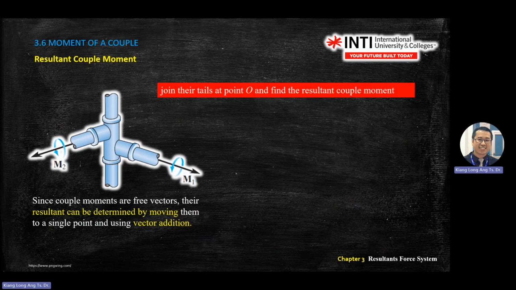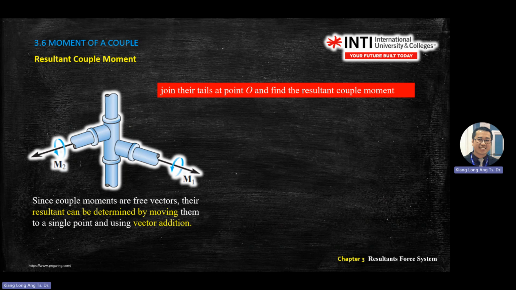Okay. This one is another one. Just now is forces. Two forces, couple forces create one moment. And what happened? You have two moments. For example, resultant of couple moment means you have two moments. You want to join them together, right?